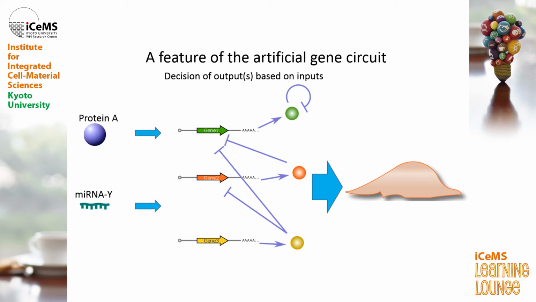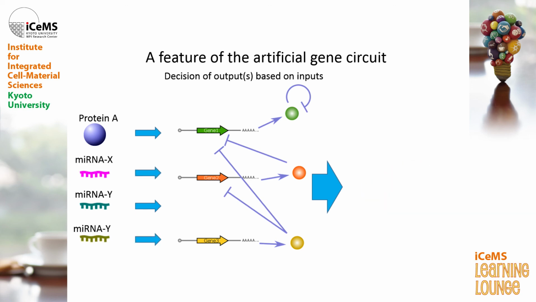So, for example, a gene circuit changes the cell color in the presence of only two specific inputs like this, and the same gene circuit can also promote cell differentiation in the presence of four specific input signals. Like this, a gene circuit can make a decision depending on the combination of the input signals.